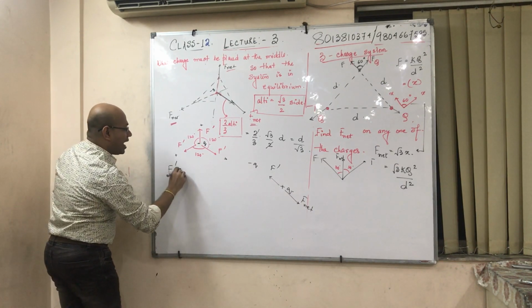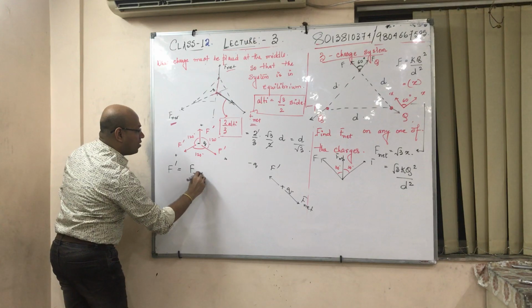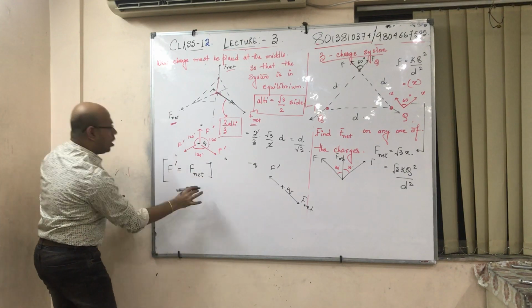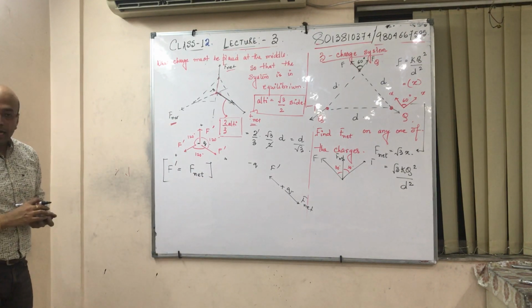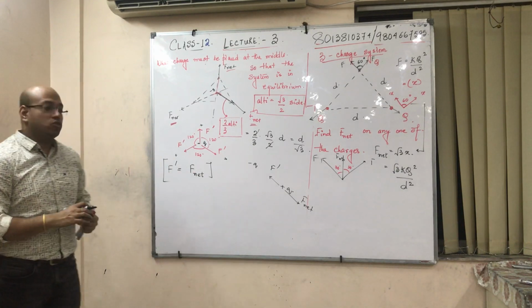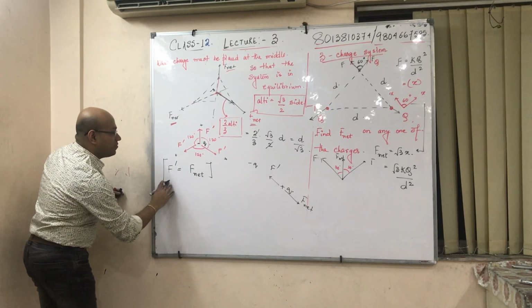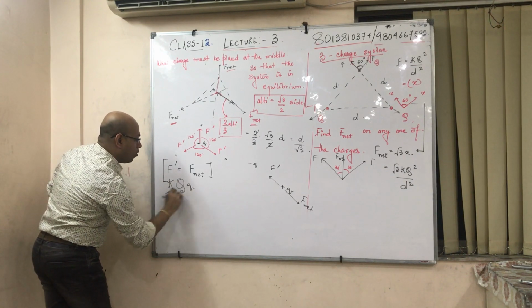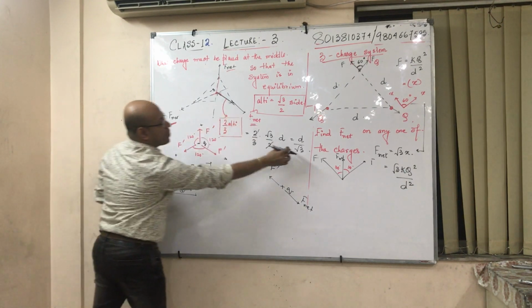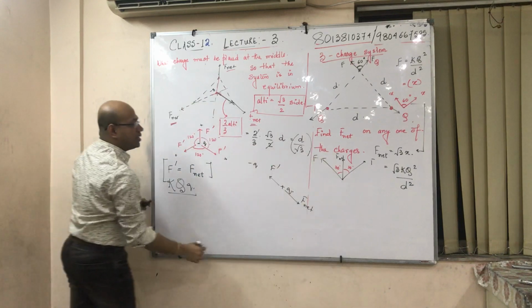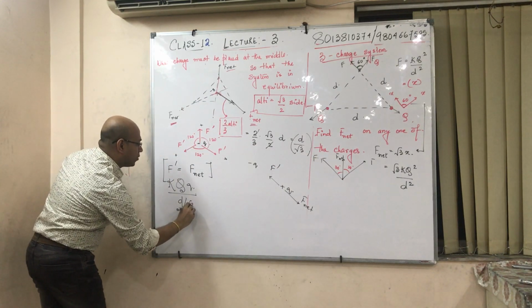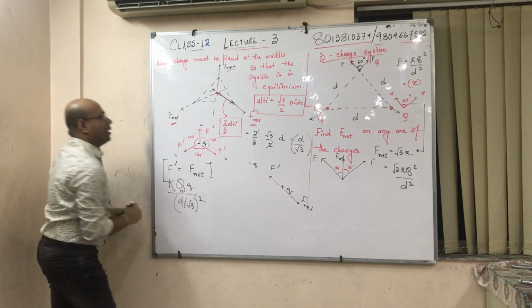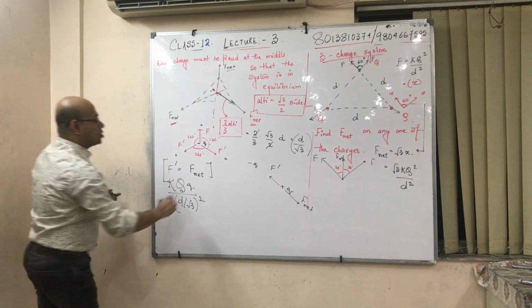So F dash has to be equal to F net. So what is F dash? Kindly have a look. K, big Q, small q, and what is the distance separating them? d by √3 whole square.